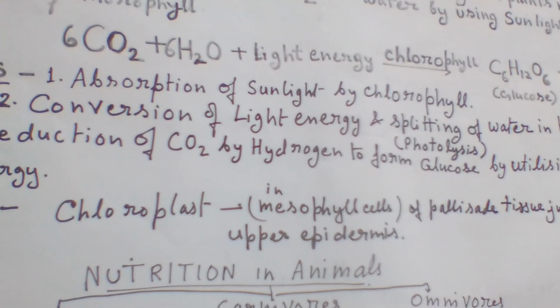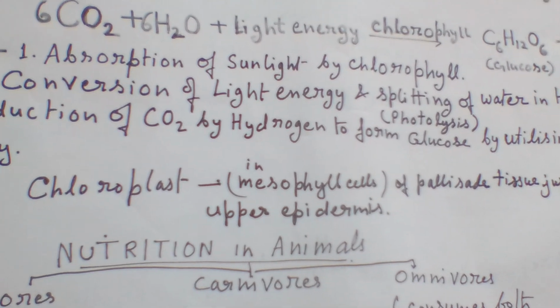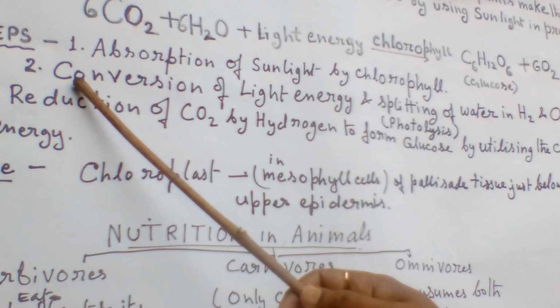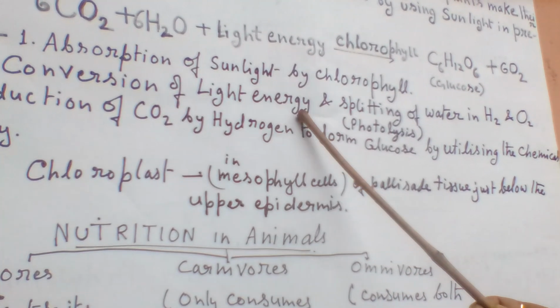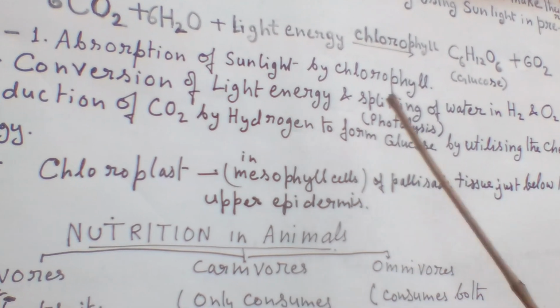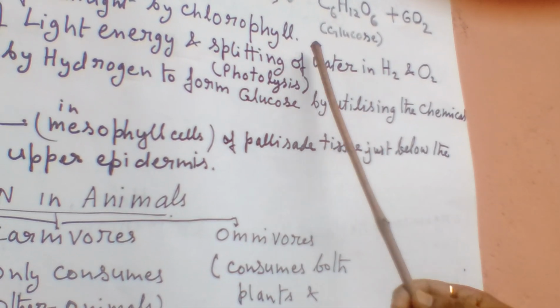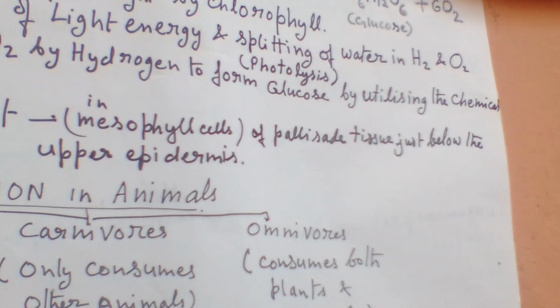And when they trap this energy, it is then utilized by the plant cells to convert. The second step is the conversion of light energy into chemical energy and splitting of water, that is called photolysis.